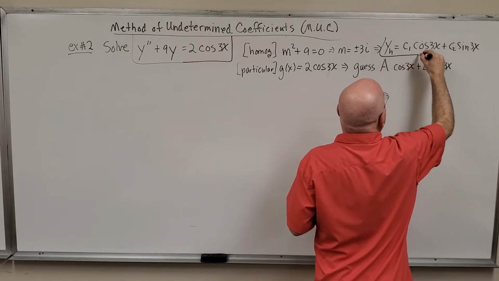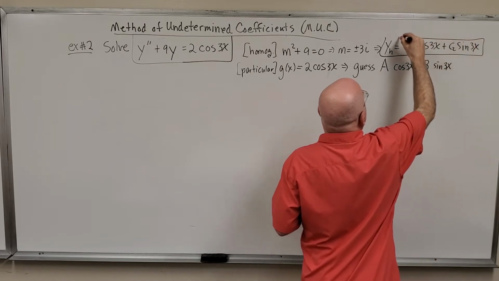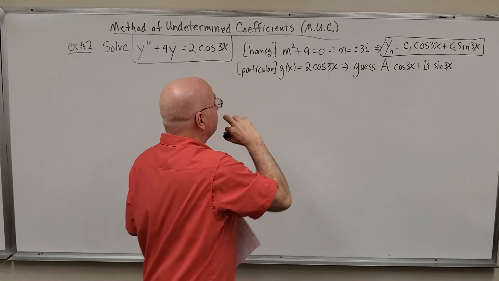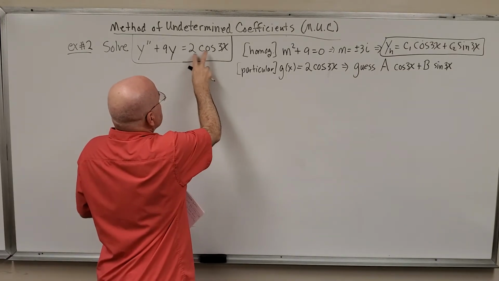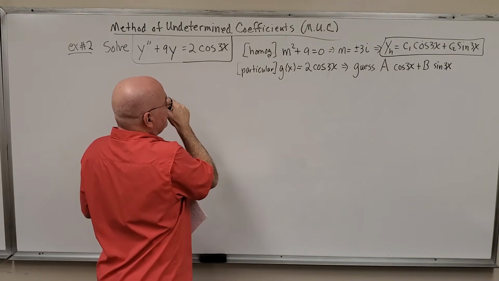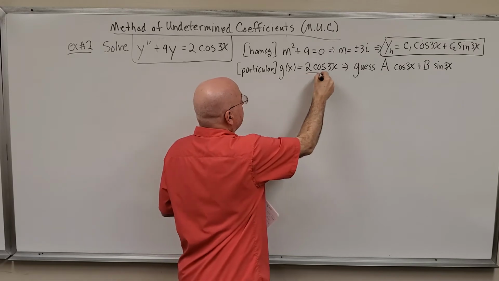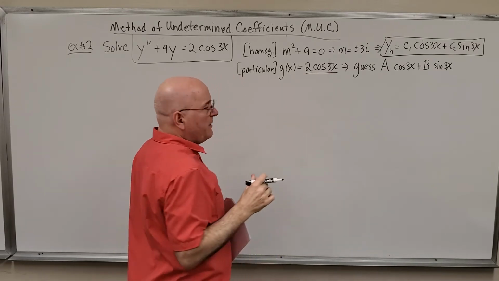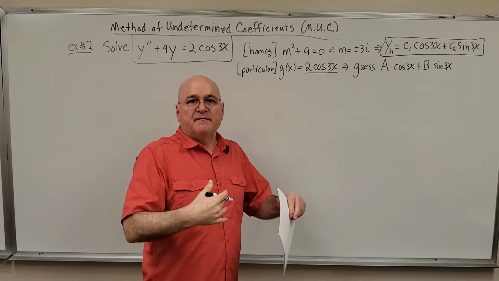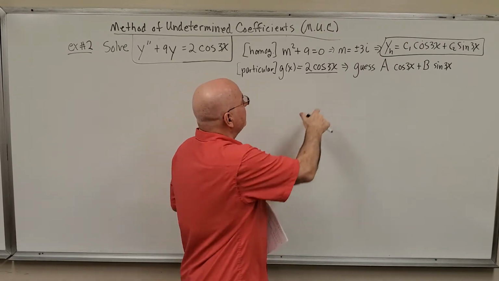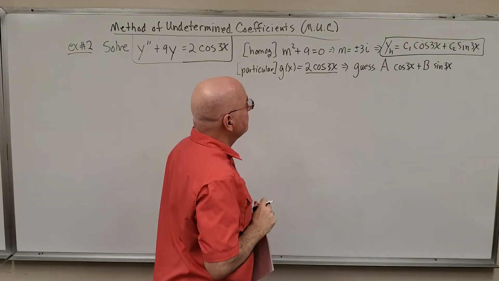All right, so that's our homogeneous solution. Now for the particular, we've got the function g of x being 2 cosine 3x. As the table says in the book, we would guess basically the sum of a sine and a cosine of 3x.